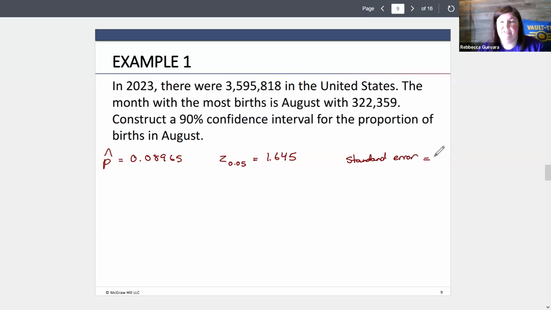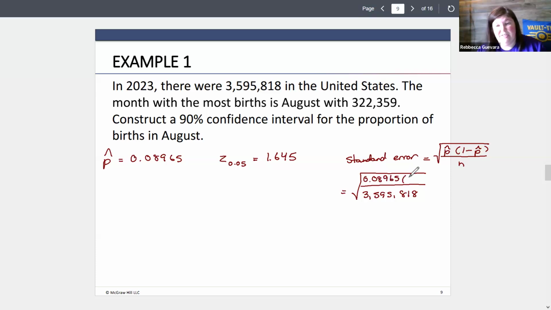And once again, that standard error is going to be the square root of my p hat times 1 minus my p hat, divided by the sample size. So this is going to be big, so I'm going to give us a little bit of space here. So we know on the bottom, my sample size is 3,595,818. And on top, we're going to have 0.08965 times 1 minus 0.08965.